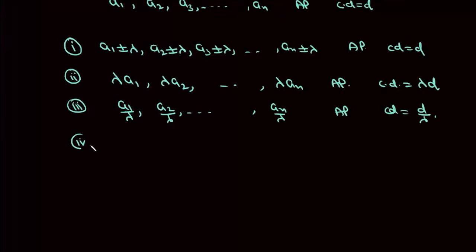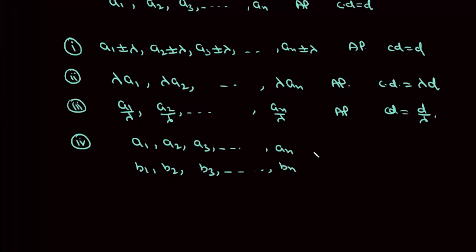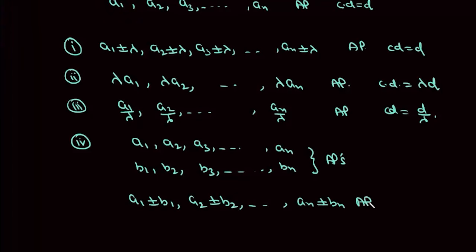Now, fourth one is, if we have two APs, say A1, A2, A3, ..., An, and B1, B2, B3, ..., Bn, so both of them are APs, then the sum or the difference of their terms will also be an AP.